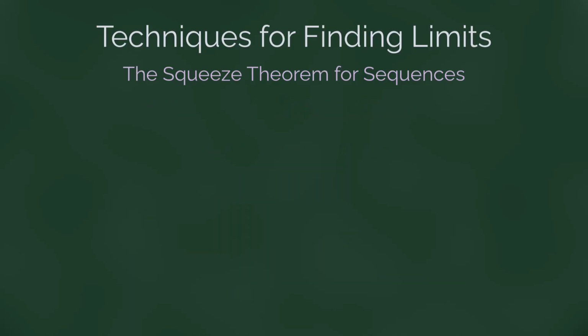As an example of this, let's let b sub n be the sequence defined by 3n squared plus 2n plus 1, all times the sine of n, divided by 4n cubed plus n.